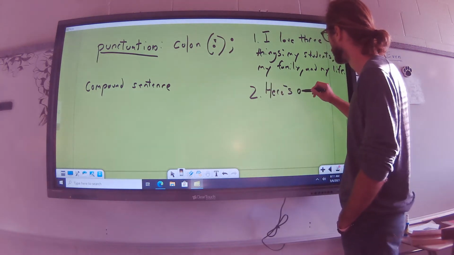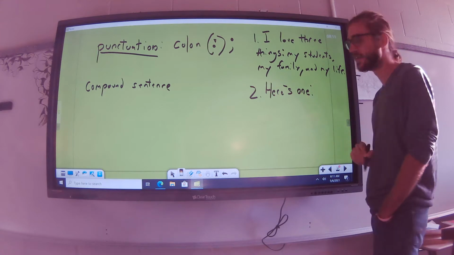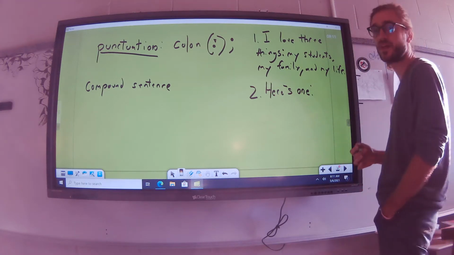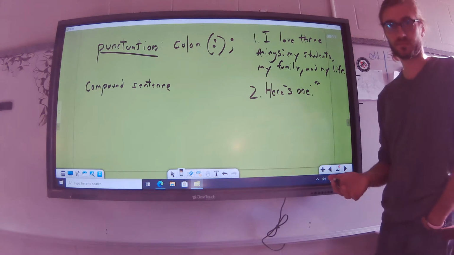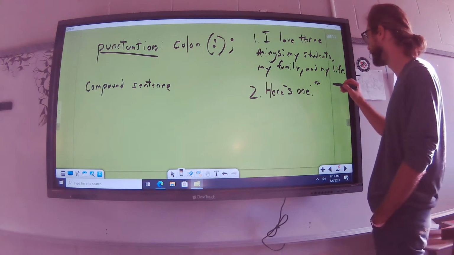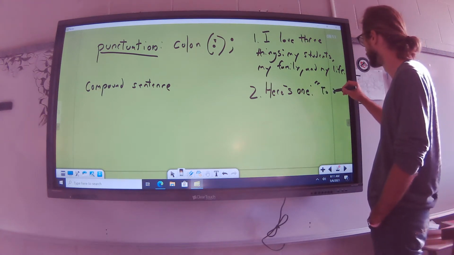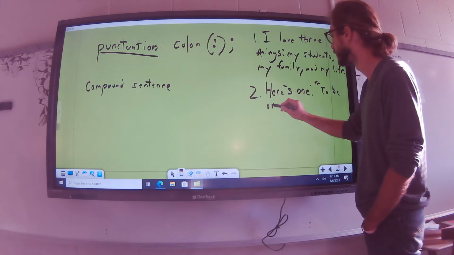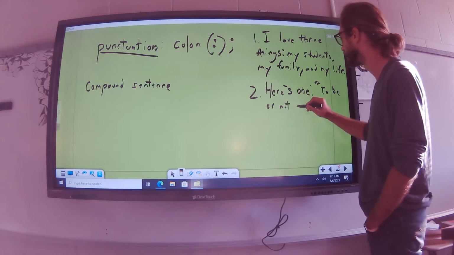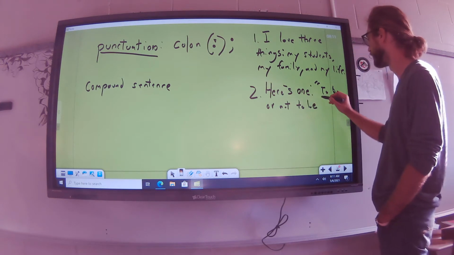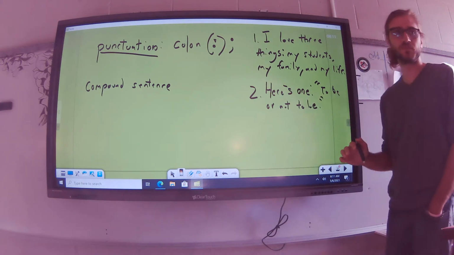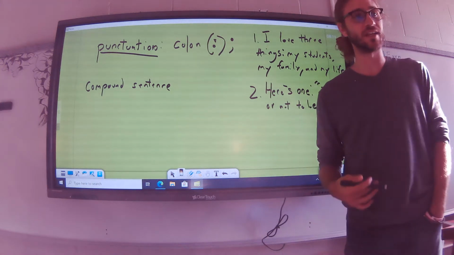Now, here's one. And now I would put a colon and then quotation marks to introduce it, whatever it might be. For example, to be or not to be, blah, blah, blah, right? So again, you can use the colon to introduce a quote.